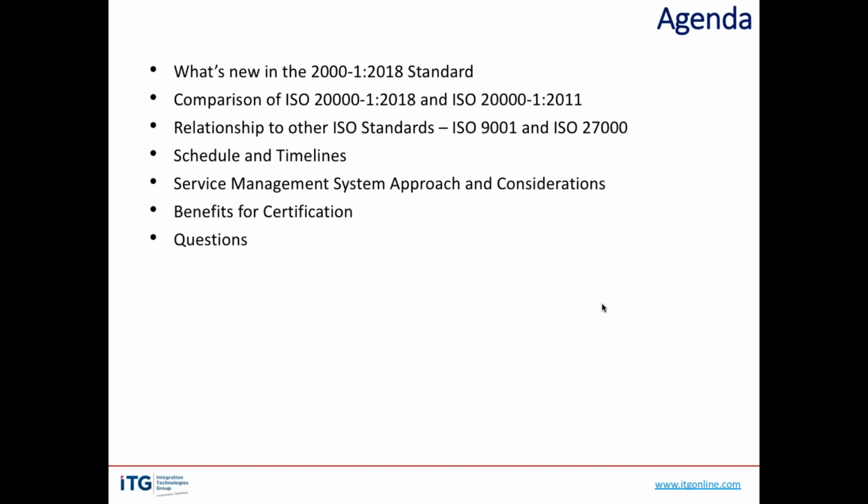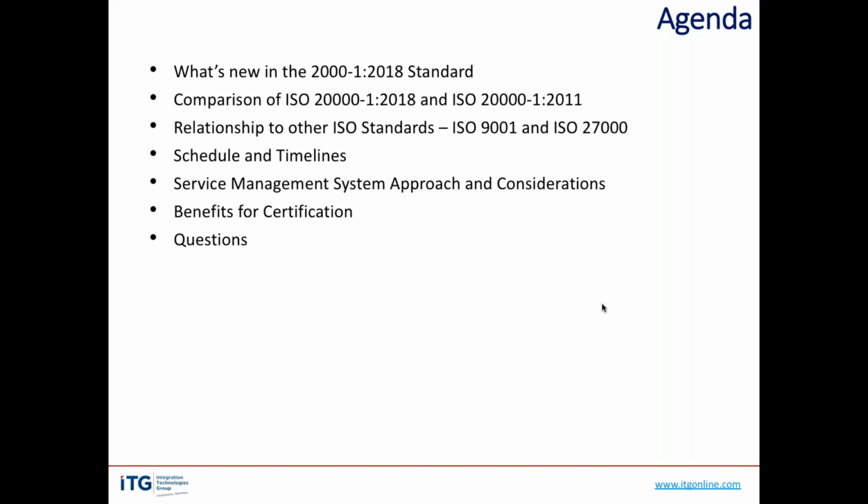As I mentioned, today I'm going to point out and highlight some of the new changes to the standard and walk through a comparison of what the 2018 version looks like in comparison to the 2011 standard.